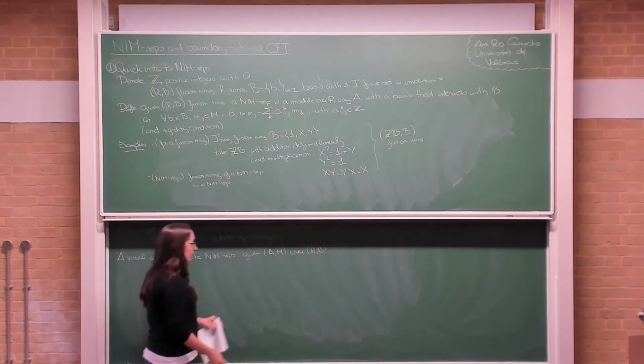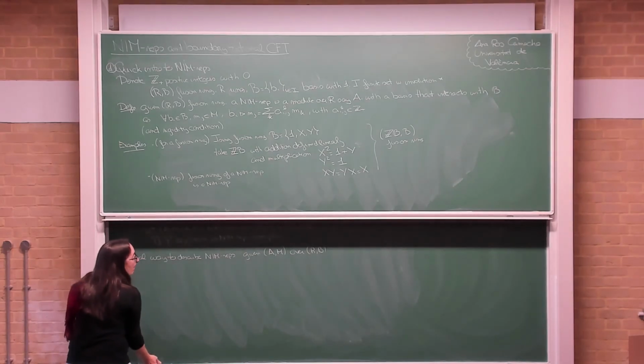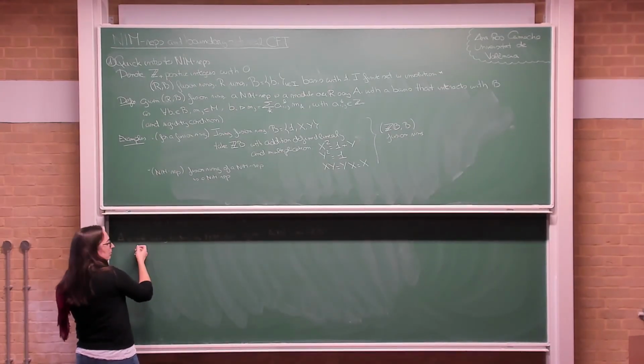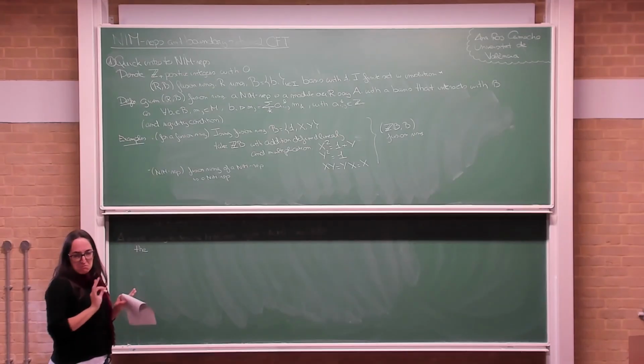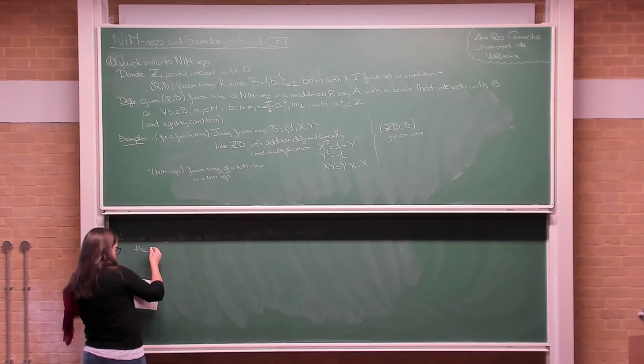We can construct something that we call the NIM graph. In Roger's paper, they mention this quite a lot. I think they call it the fusion graph. I'm not completely sure if this is exactly the same thing, but okay.